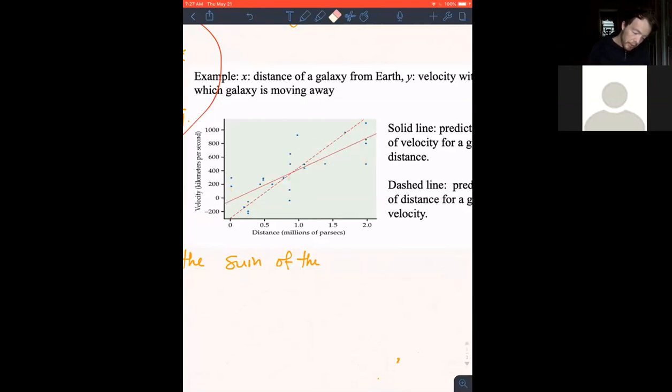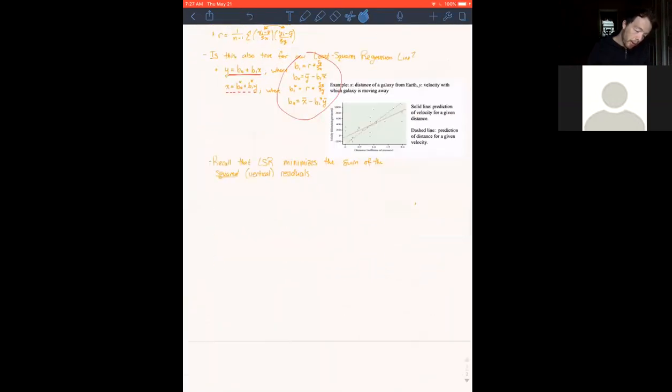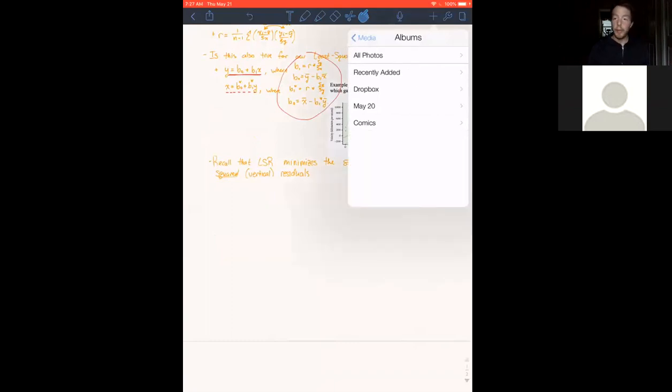Is the dotted line doing the same thing? Is it also looking at the vertical distances? And the answer is no. And I have a picture to illustrate this as well. If we do it the other way, if we use y to try to predict x, you should think of it as if we had done the same problem except we had flipped the axes.